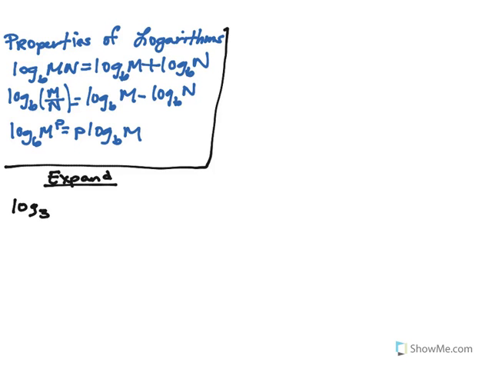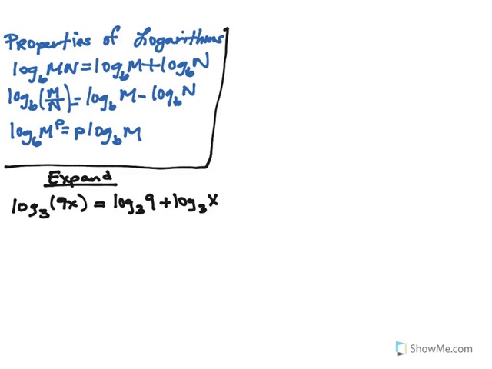So this is log base 3 of 9x. In its expanded form, it will be log base 3 of 9 times x. It's multiplication between 9 and x, so it's going to expand into an addition: log base 3 of 9 plus log base 3 of x.